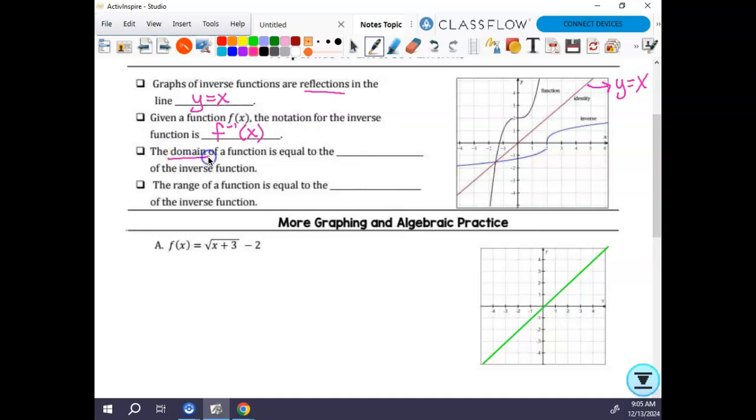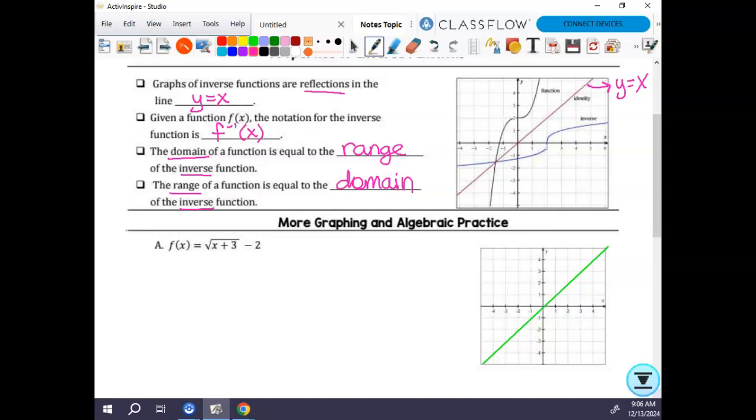The domain of a function is equal to the range of the inverse function. And the range of a function is equal to the domain of the inverse function. Okay? X and y switch places, domain and range switch places. Any questions at all? All right, awesome.